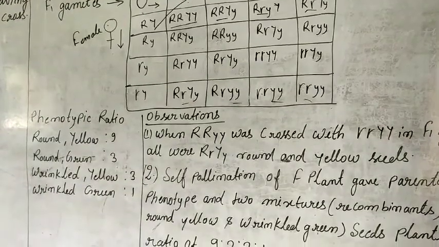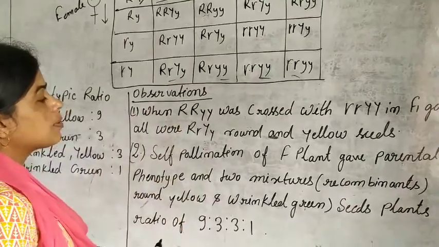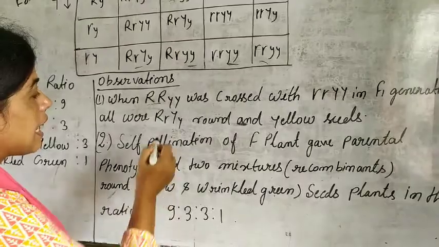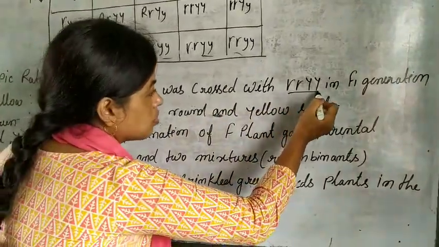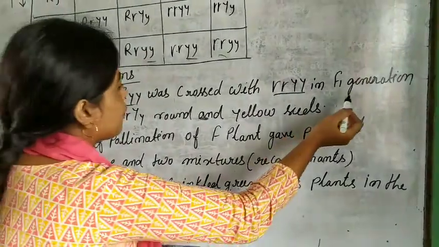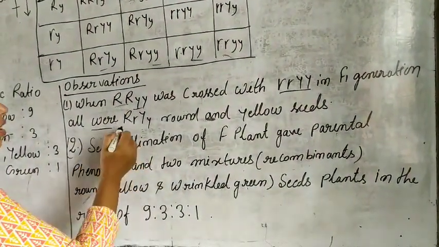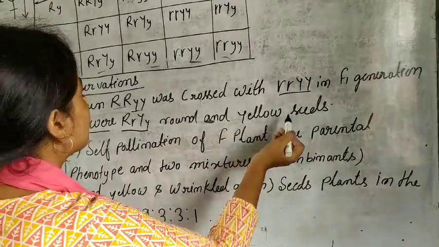In the dihybrid cross, we observed the following. Let's see the observation when tall and short gametes were crossed. In the F1 generation, all were tall, and the round and yellow seeds combined.